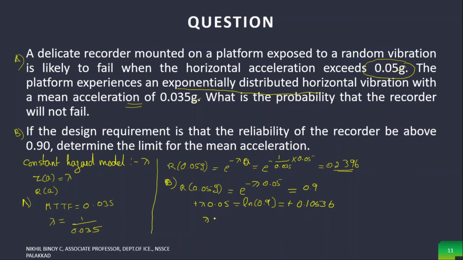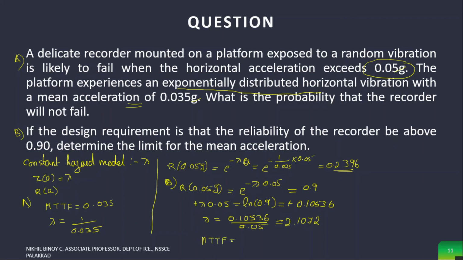So lambda is equal to 0.10536 divided by 0.05, which is 2.1072. Now we are asked to find the corresponding mean time to failure.